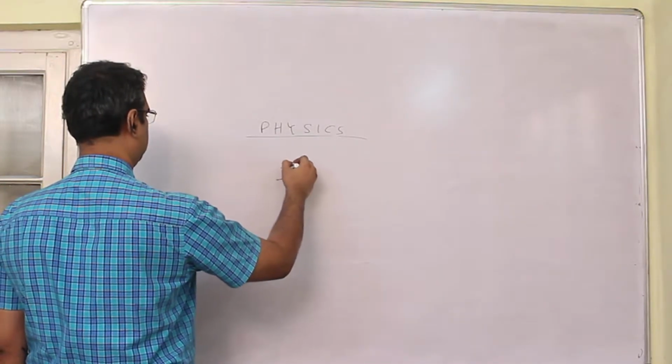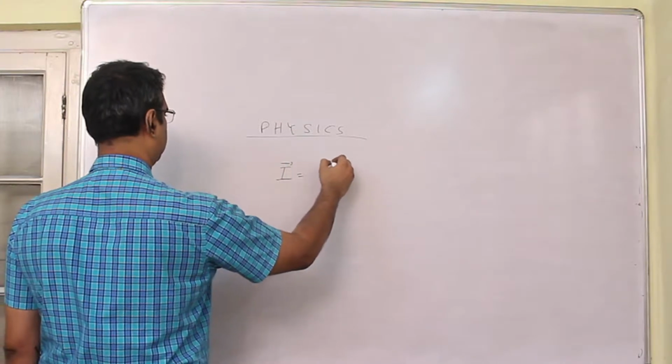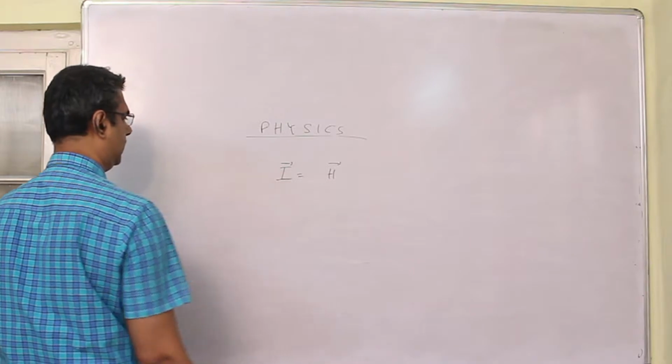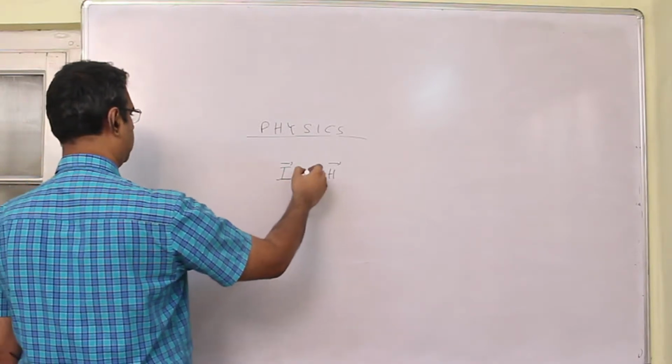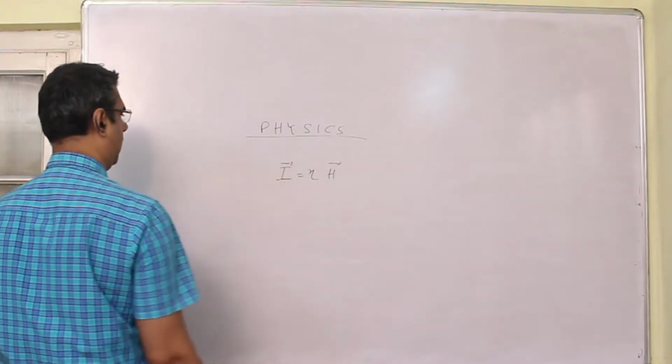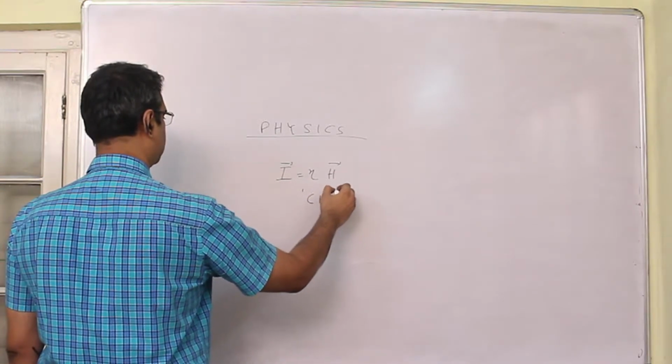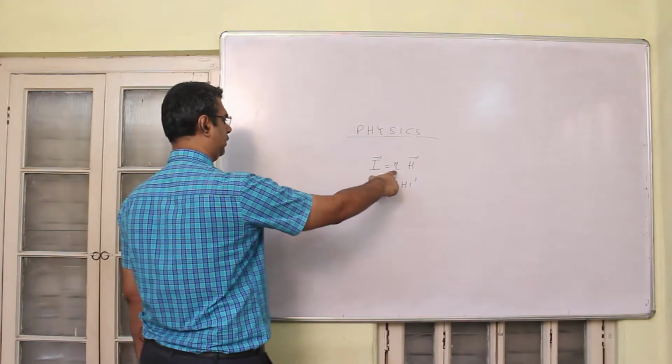Suppose there is a material for which H is the magnetic intensity, I is the intensity of magnetization, and there is a constant of proportionality which is pronounced as chi. This is a Greek alphabet.